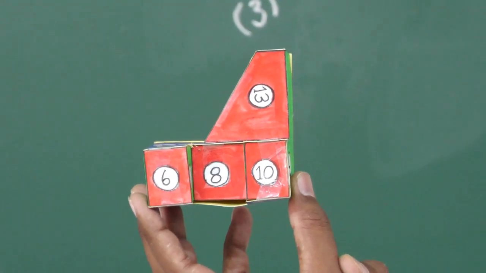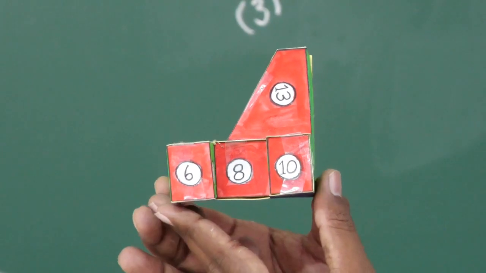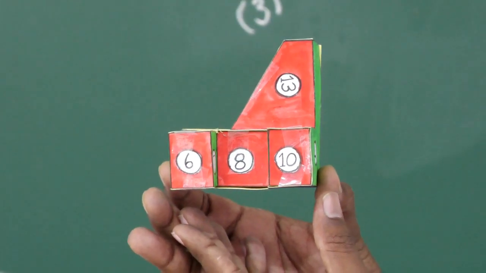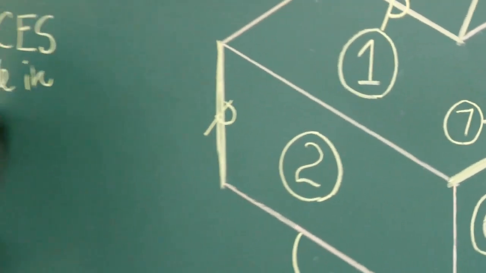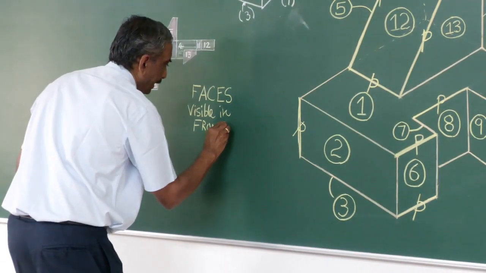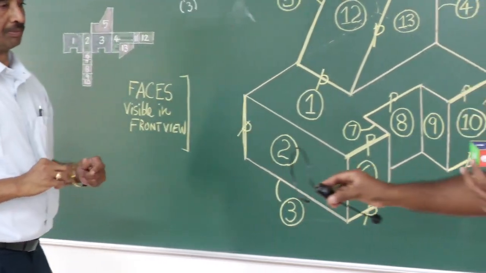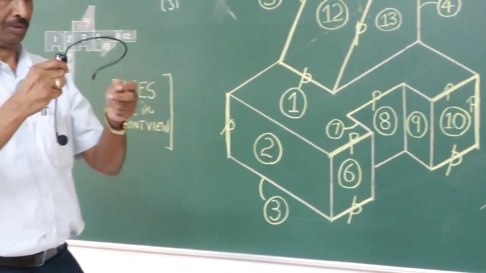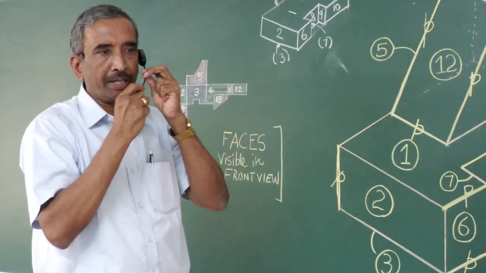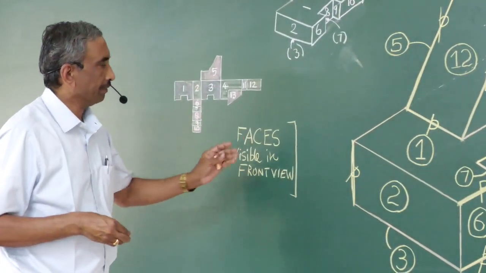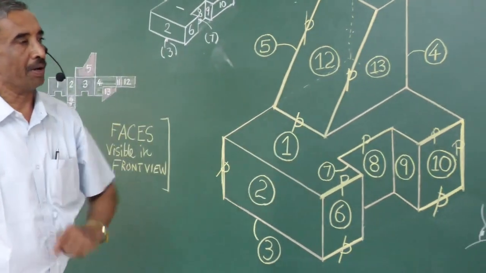I want you to write down the numbers of the faces visible in front view. You can see Naveen Ganesh's model just now.